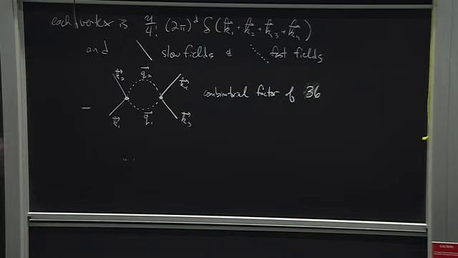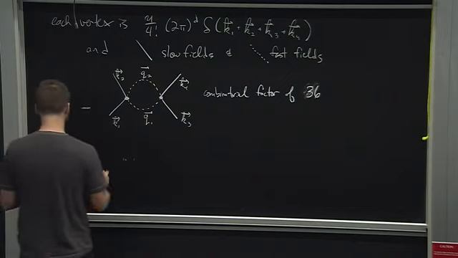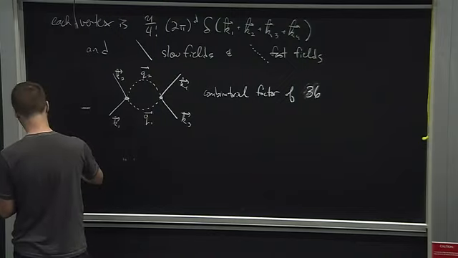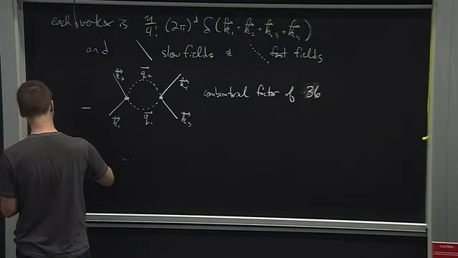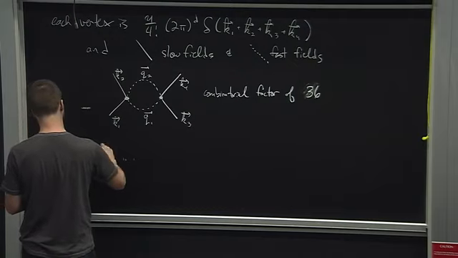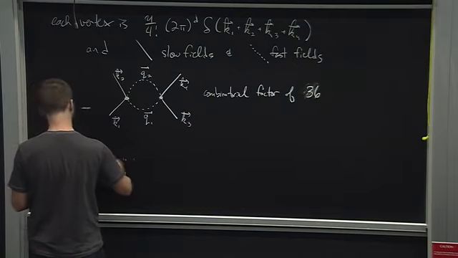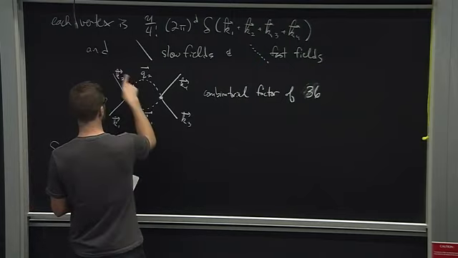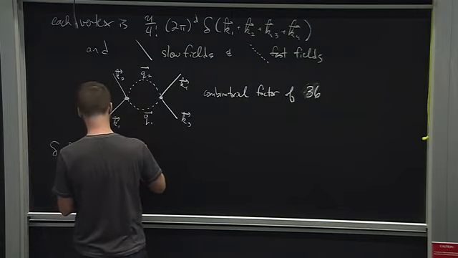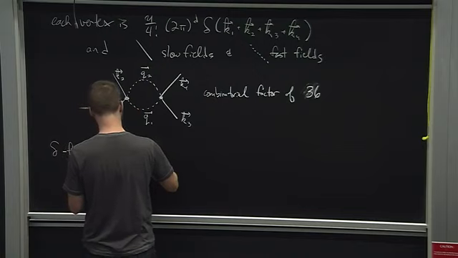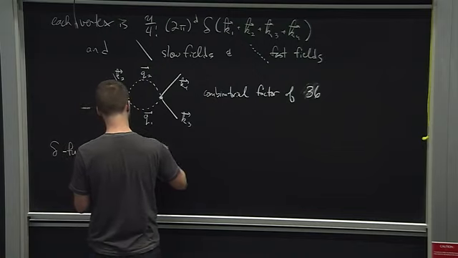Okay, so I've just made up those labels, but they're constrained by the delta functions, right? So the delta functions say everything going into this vertex, so I'll assign signs to them.